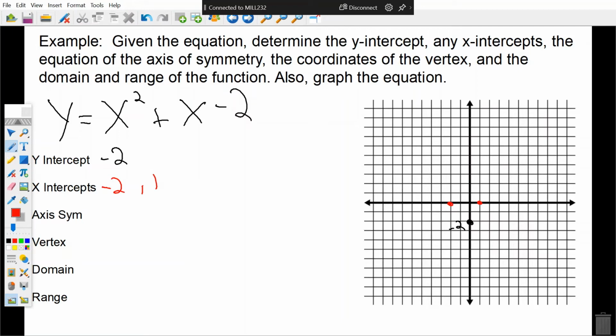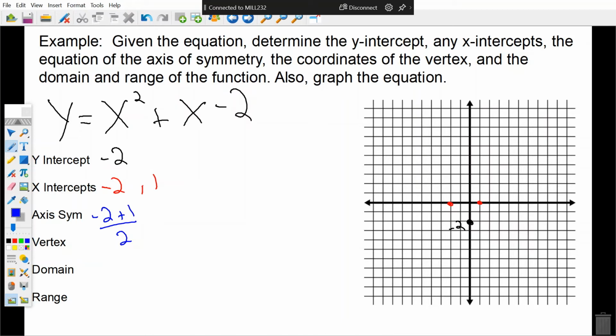Next, we're looking for the axis of symmetry. The axis of symmetry is the line that cuts the graph into 2 equal halves, right? So the axis of symmetry is going to fall right between the 2 x-intercepts. So what I can do is go negative 2 plus 1, just add the 2 x-intercepts up and divide by 2, and that'll tell me the middle.